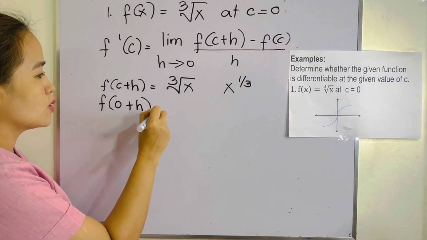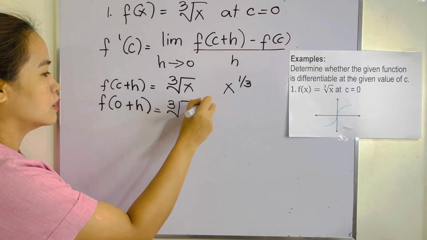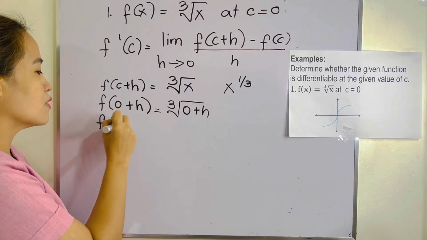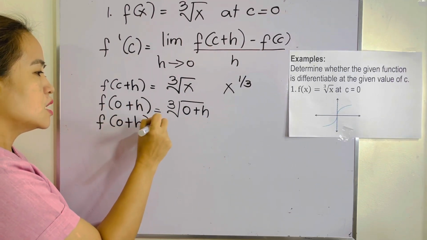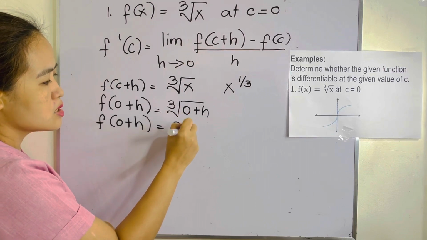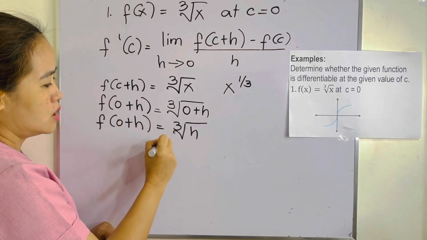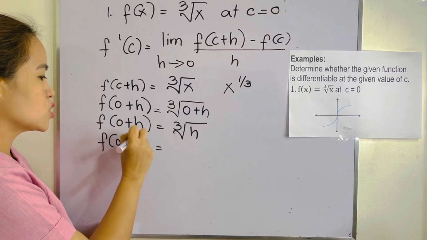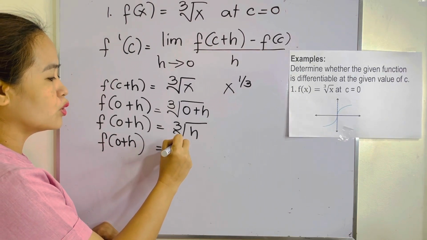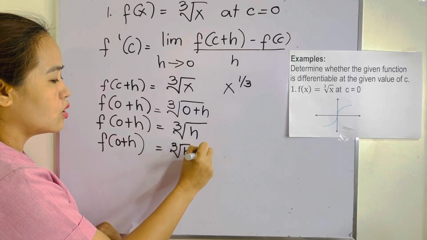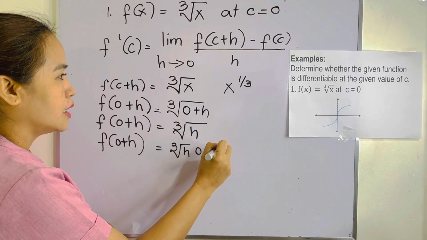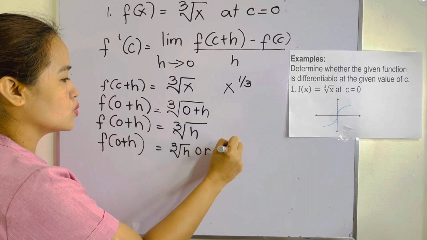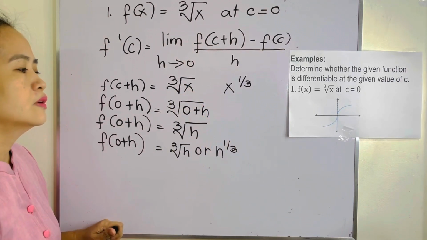So this is equal now to the cube root of 0 plus h. That is now f of 0 plus h is equal to the cube root of h, or simply h raised to 1/3.